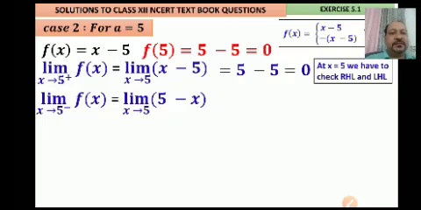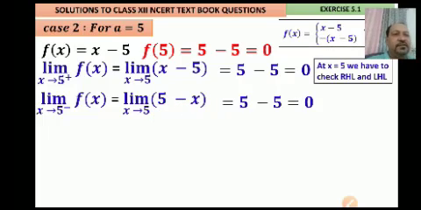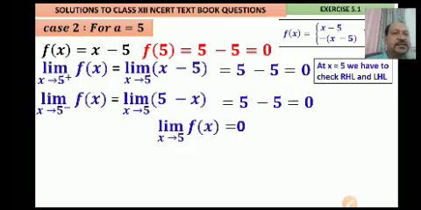Limit x goes to 5 negative of f of x equal to limit x goes to 5 of minus of x minus 5, equal to 5 minus 5 equal to 0. So limit x goes to 5 negative of f of x equal to 0.